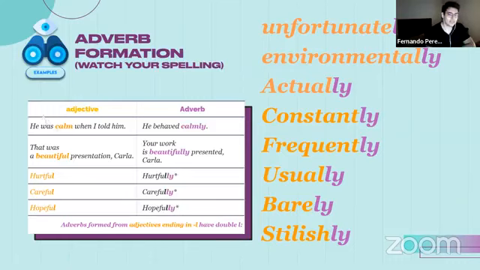In the first example, he was calm, we are using the verb be, and we are describing the person, he. But on the other hand, with the word calmly, we are describing the way he was behaving. In this case, we were talking about the verb behave. How the person behaved.